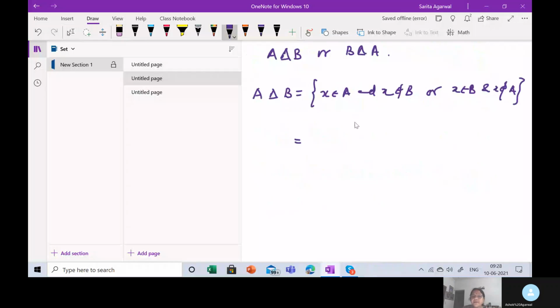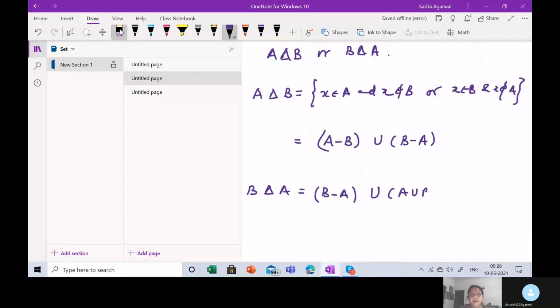So that means the symmetric difference of the two sets is A minus B union B minus A. Similarly, it is B minus A union A minus B, meaning x belongs to B and x does not belong to A, or x belongs to A and x does not belong to B. This is the symmetric difference.